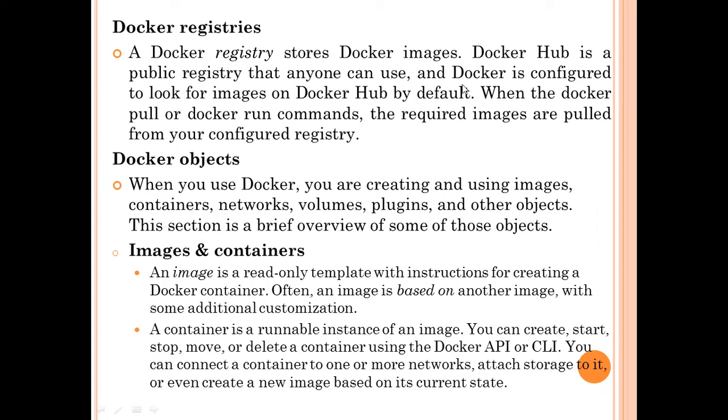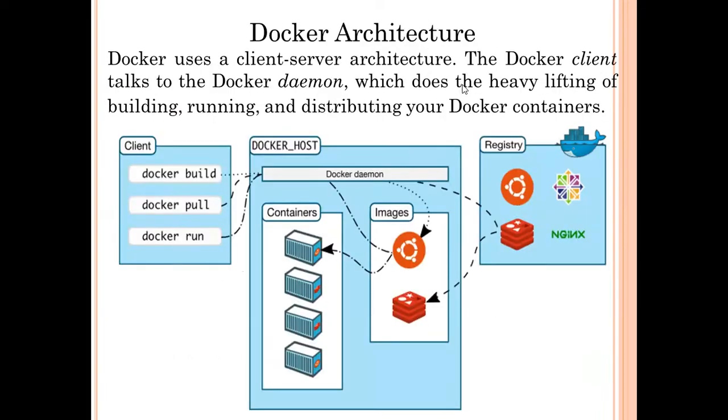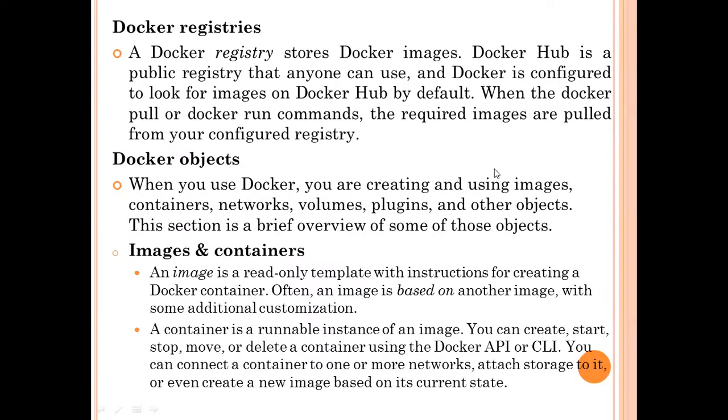Now what does it mean? If you are trying to run some image and that image is not present locally, what will be the first place on which Docker will try to find that image? That is the Docker registry. If it is present in the Docker registry, Docker will pull that image from that place and start executing it.